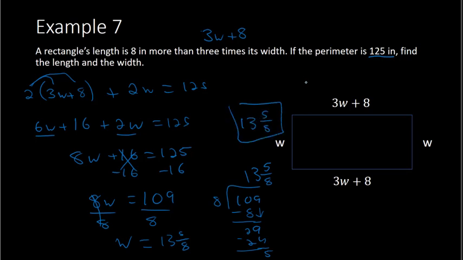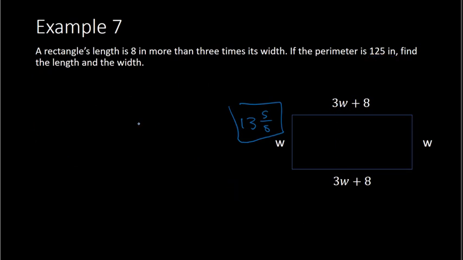And the length, we do 3 times that and then add 8 to that. So if I take 13 and 5/8, multiply it by 3. The easiest way to maybe do that would be to write this as an improper fraction, 13 times 8 plus 5.